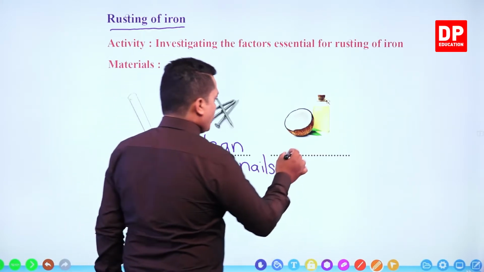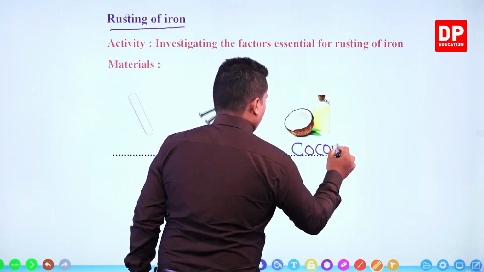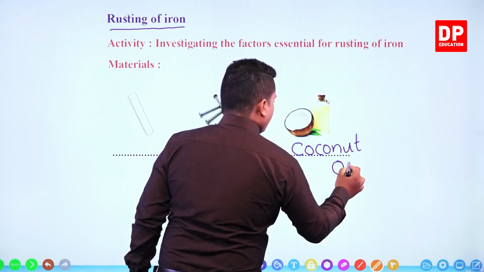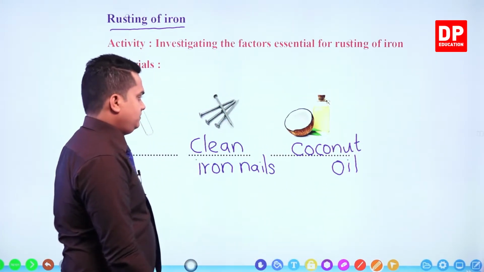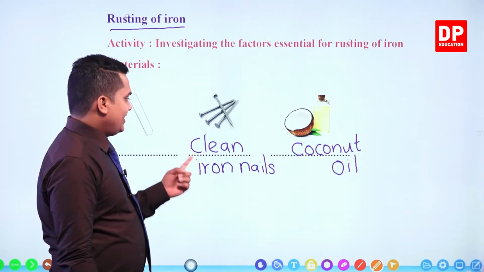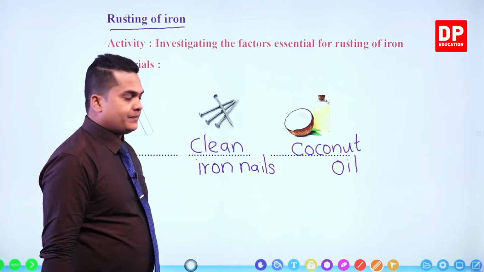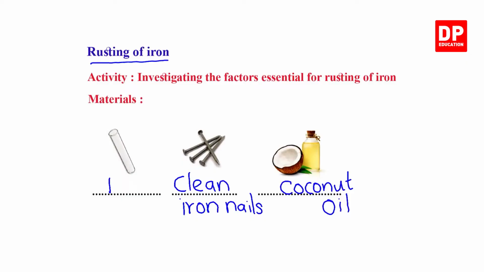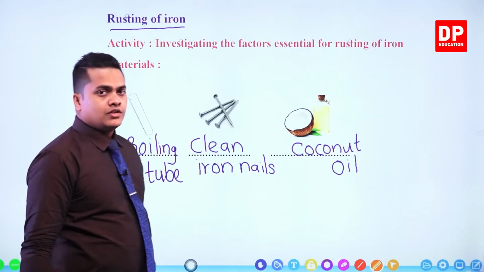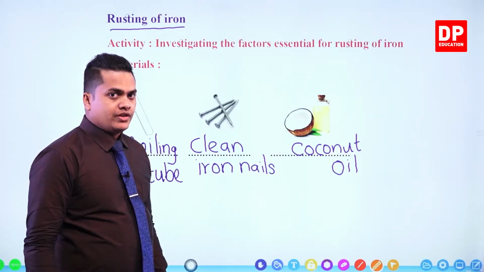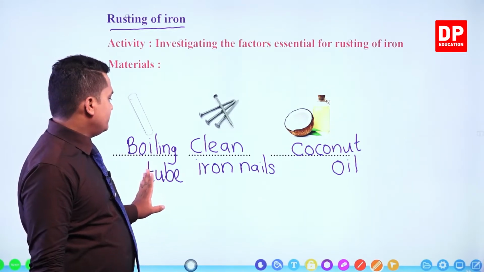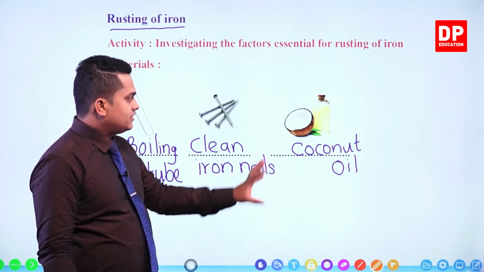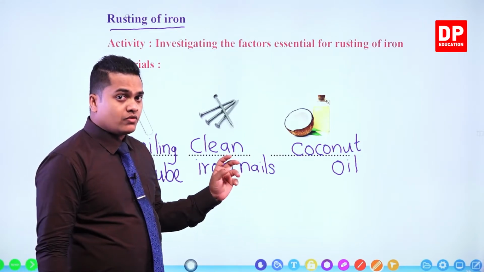Then we'll need some coconut oil. Clean iron nails, coconut oil, then a boiling tube. So these are the materials that you need: a boiling tube, some clean iron nails, and some coconut oil.